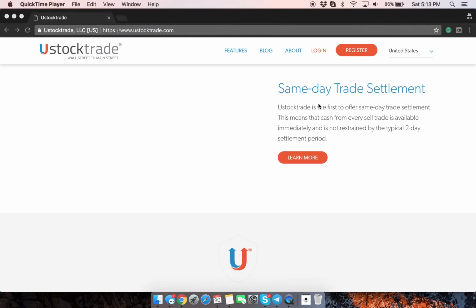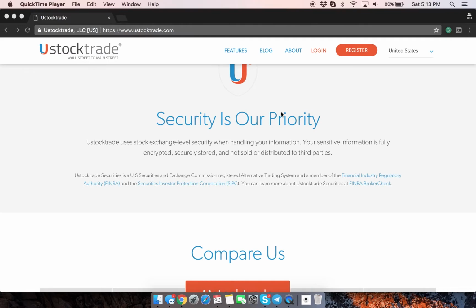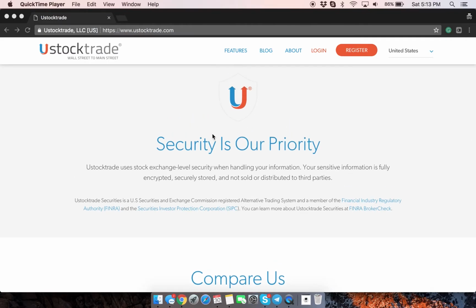So there's same day trade settlement as I mentioned, and they guarantee security is their top priority. Now, this is only available, same as Robinhood, for people in the US and Canada.